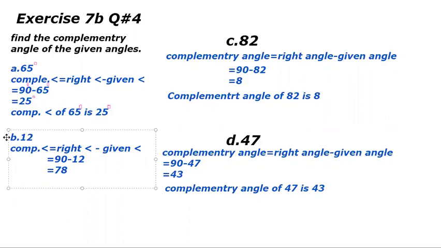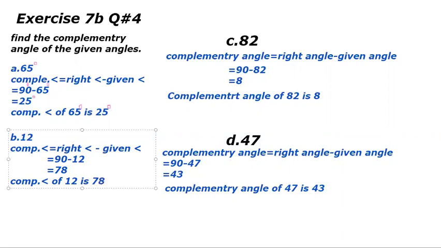In the last line we will write the complementary angle of 12 degrees is 78 degrees.